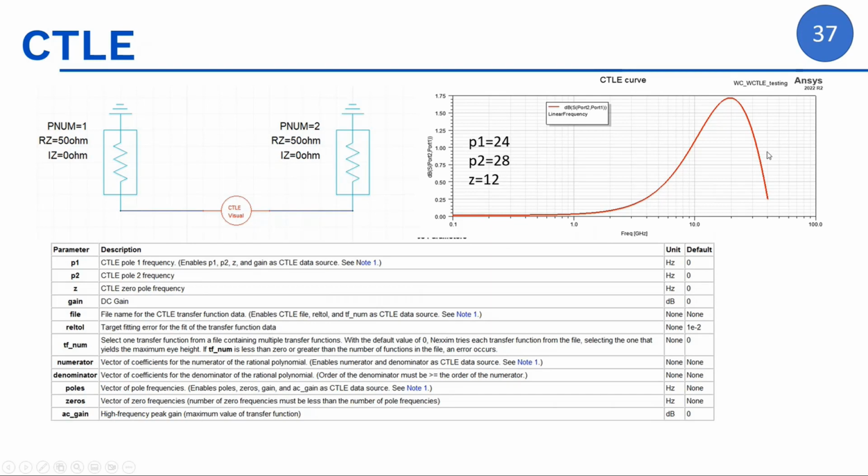So you keep playing until you get the numbers that match what you want. For example, here I needed about 1.75 dB of gain at 20 gig, between 20 gig and 25. So I entered these poles, and that's the one I used in order to change my eye.